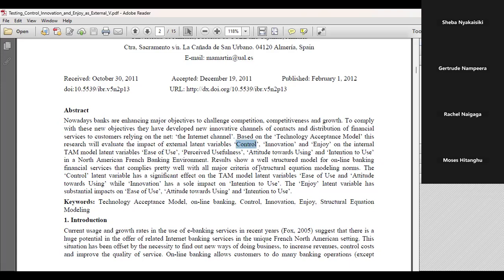When you try to withdraw anything online, they'll first send you a verification code, maybe on another device of yours, just to make sure that it is you. That's a control measure. So how does a control measure like that affect ease of use? How does it affect attitude towards using? If I'm using it constantly, how does it affect that?